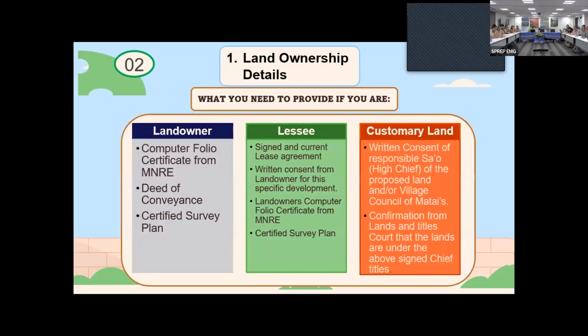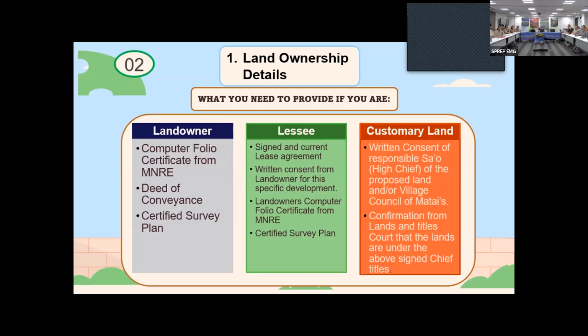So now on to land ownership details. The documentation you need to provide really depends on the status of who the developer is. If the developer is also the landowner, meaning the person in charge of the development also owns the land, this is what we will need from them.